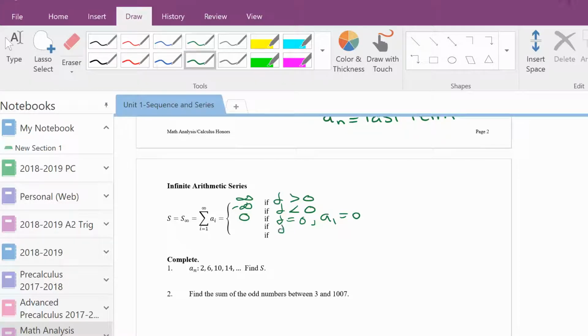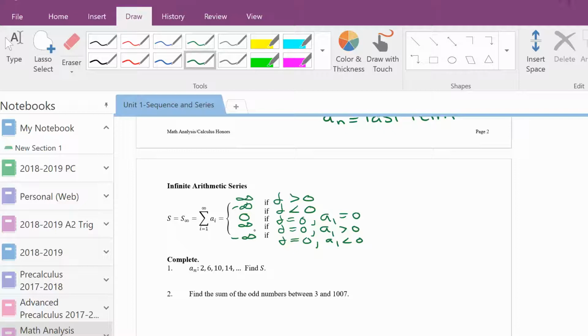Now, if the difference is 0 but the first term is positive, let's say for example 2, and you just keep adding 2, it's going to be infinite. If the difference is 0, but the first term is negative, then it's going to go towards negative infinity. So those are all the situations that could occur if you have an infinite arithmetic series that you're trying to find the sum of.